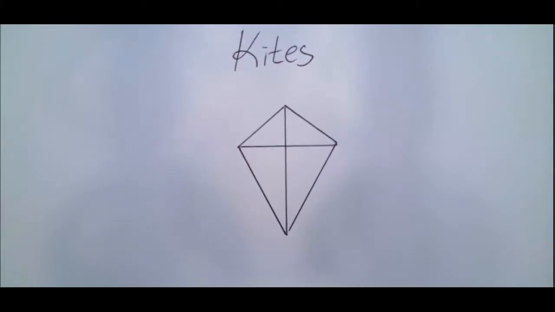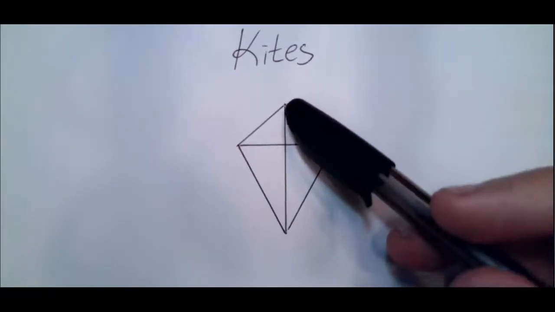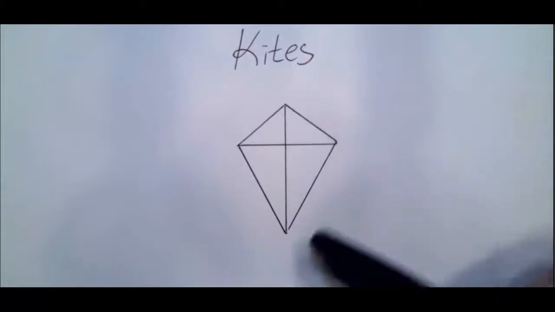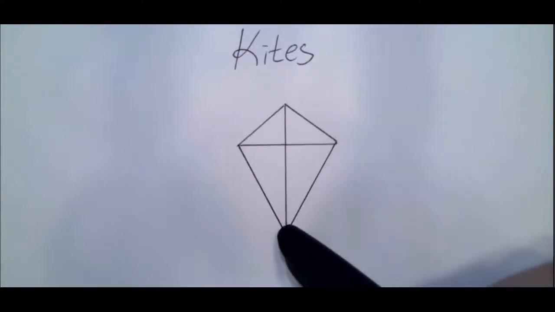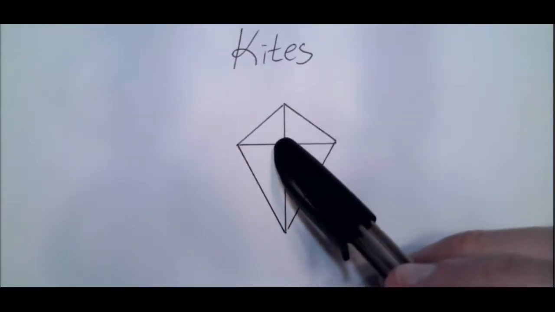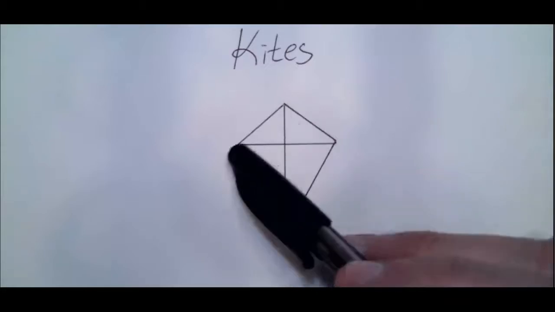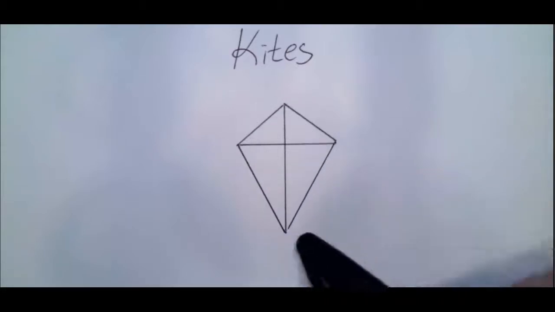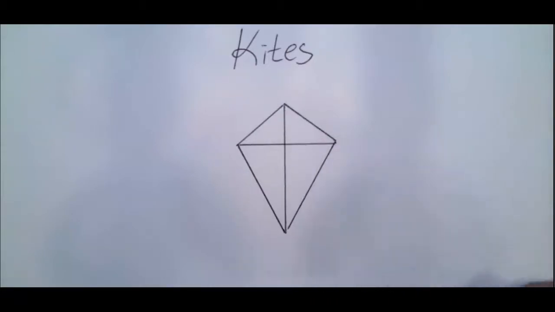Well, somebody came along and made this design right here, and put a little tail to it, with little ribbons or whatever that ties to it, and then they tied a string to the two poles that connected the material together, and they flew it.